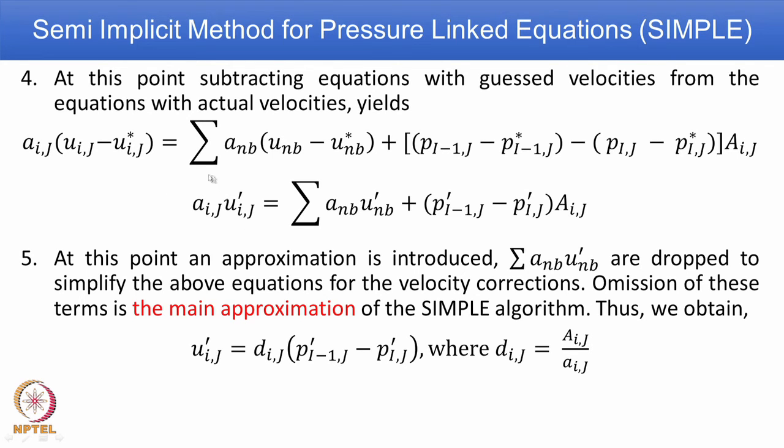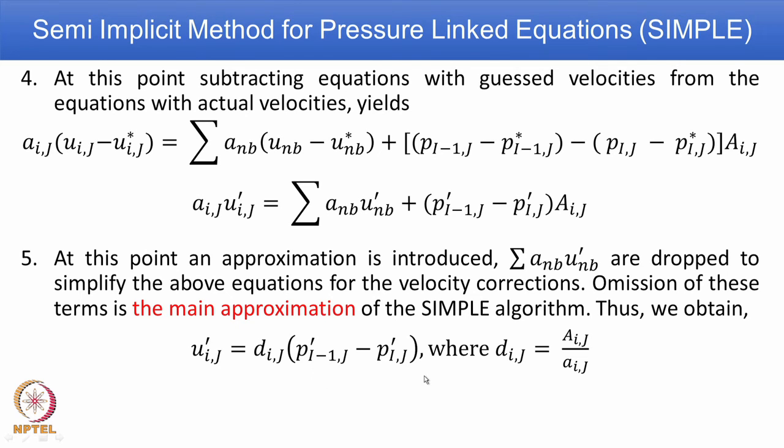We take the coefficient a I comma j to the other side, and you define another coefficient d I comma j equal to 1 by a I comma j, and that is multiplying the correction in pressure.